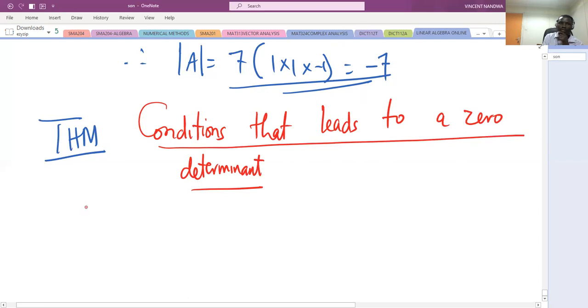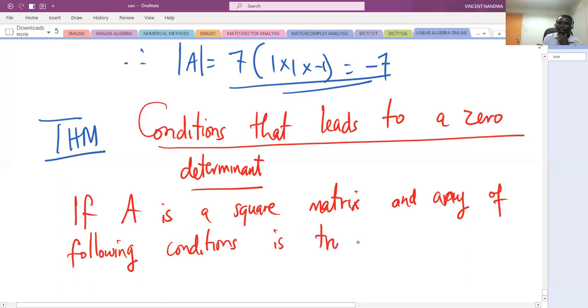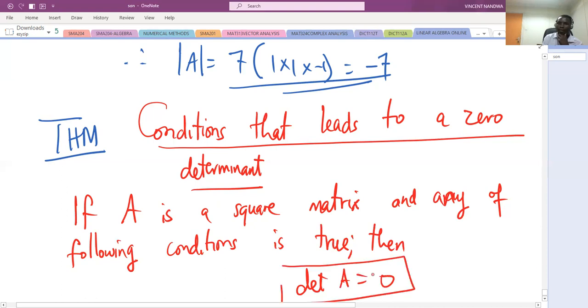So we say if A is a square matrix and any of the following conditions is true, then the determinant of A is always zero.